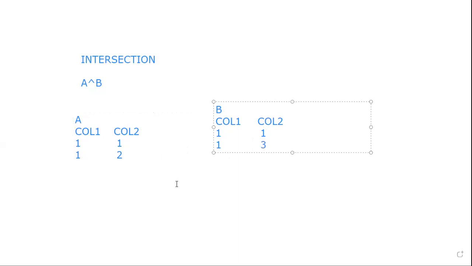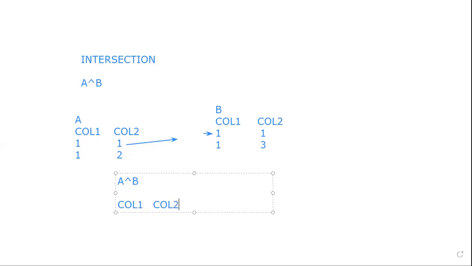What it will do is produce the set of all tuples that are in both A and B. Which one is in both A and B? This one, 1, 1. So the output for A intersection B is column 1, column 2, with 1, 1. This is about the intersection.